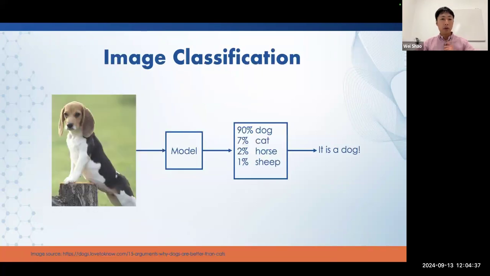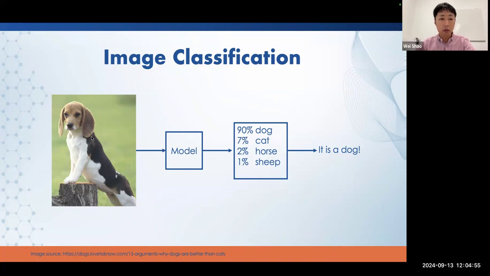All right. The first medical image analysis task I'm going to discuss is image classification. In image classification, you input an entire image and you want to assign a class label to it.